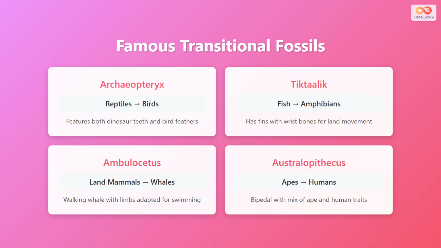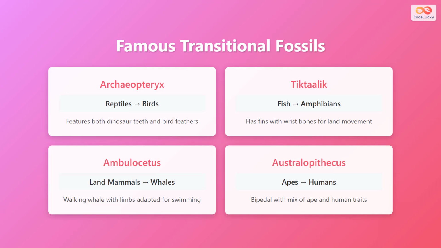Several famous transitional fossils beautifully illustrate evolutionary transitions. Archaeopteryx is a spectacular example of the transition from reptiles to birds. This fossil, discovered in Germany, shows both dinosaur features like teeth and a long bony tail, as well as bird features like feathers and wings. Tiktaalik represents the transition from fish to amphibians.